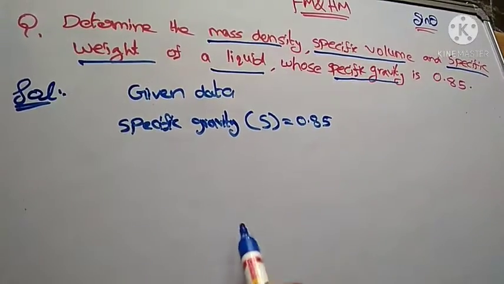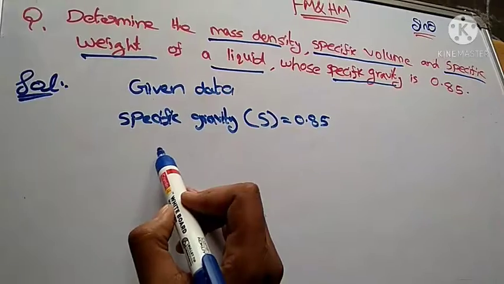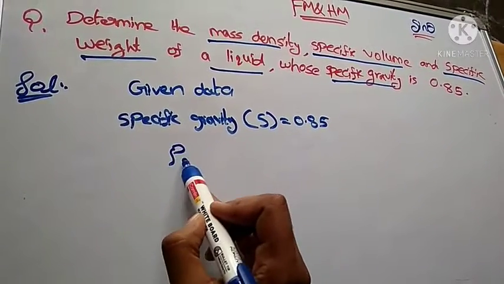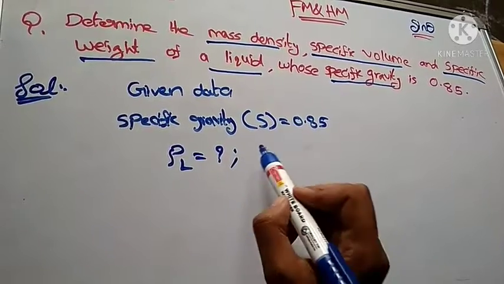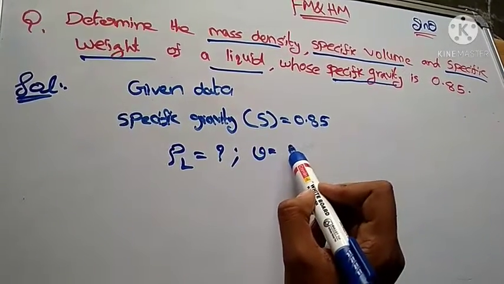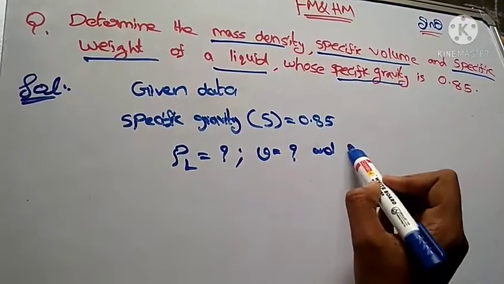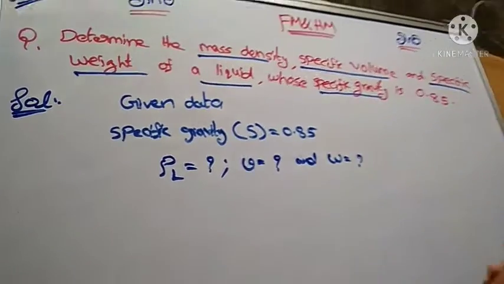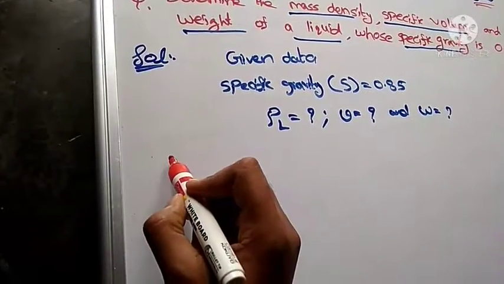We need to find the mass density, that is the density of liquid, equal to how much. Next one is specific volume, that is small v, equal to how much, and next one, specific weight, is equal to how much. First of all, we would like to find the density.